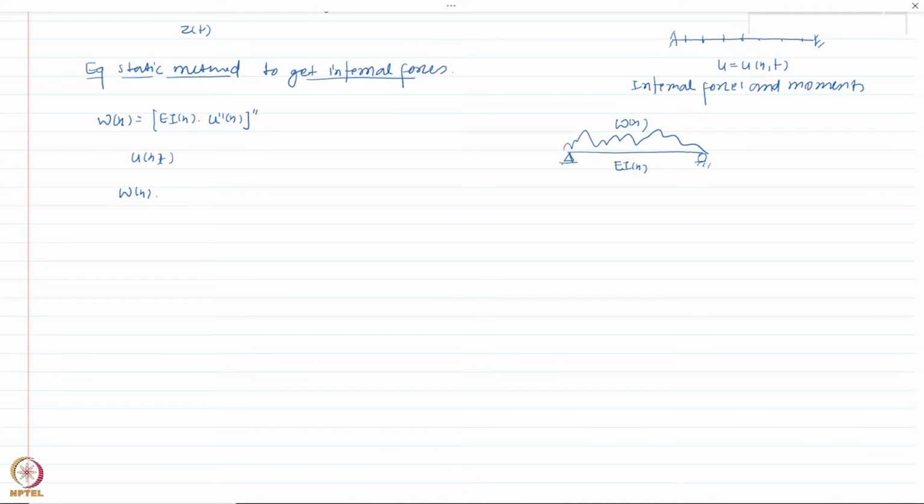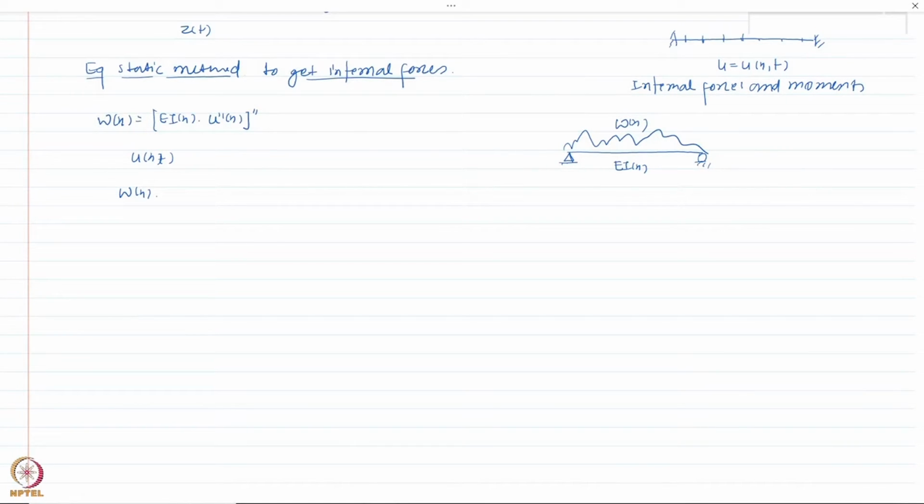What it is saying is that I'm only considering the stiffness component, which means I'm doing a static analysis. So there is no mass here. In the equivalent static analysis, you do the dynamic analysis, you find the deformation at each and every point, or each and every time instance.